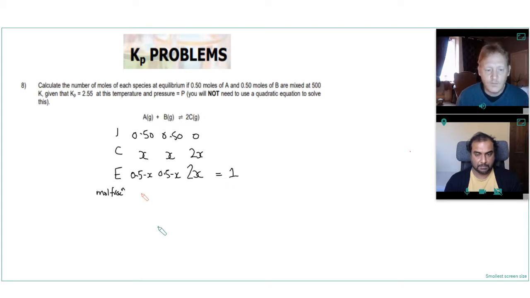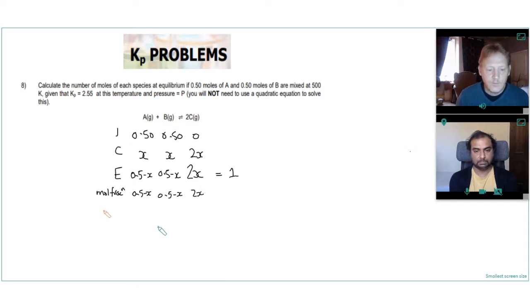And therefore our mole fraction for A would be a half take X over 1, which is just a half take X. Same for B. And for C, 2x over 1, which is just 2x.